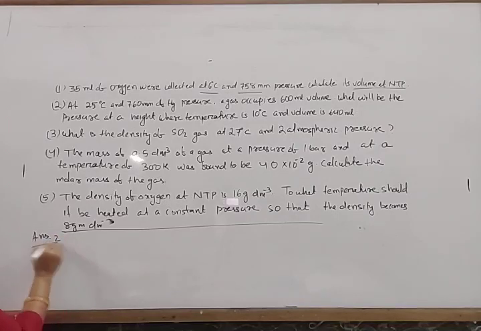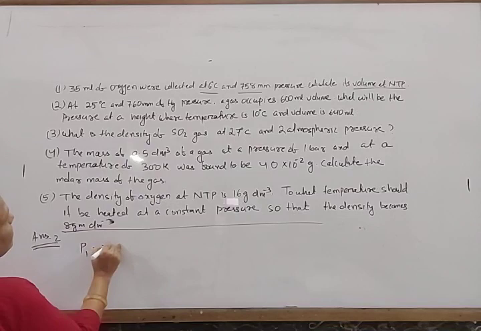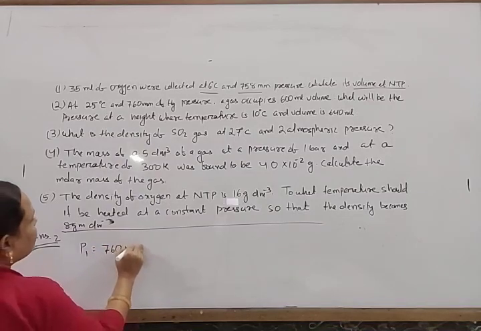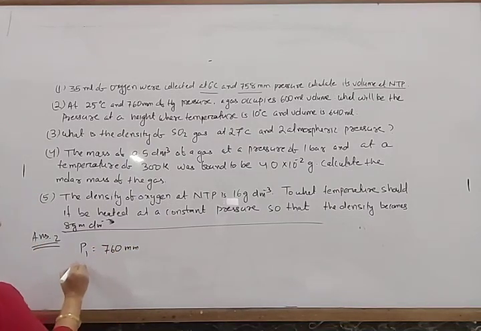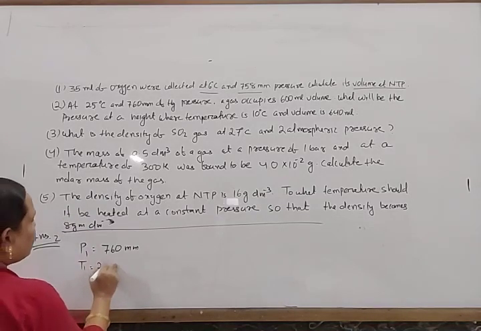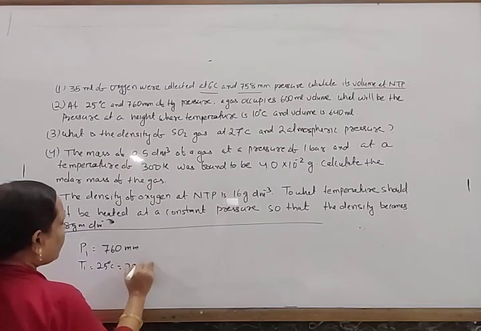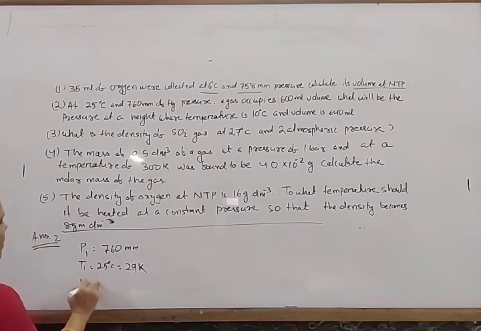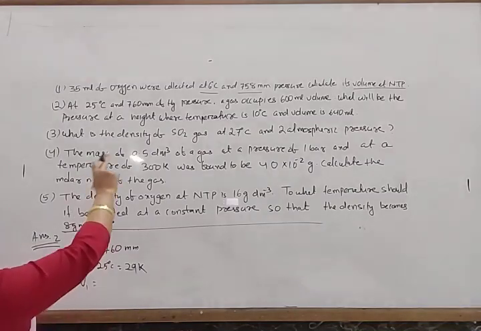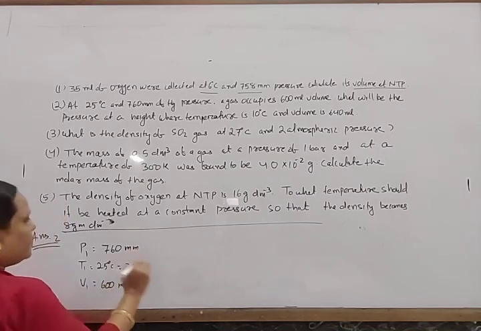Answer 2. Given P1 is 760 mm of pressure, T1 is 25 degrees Celsius, that is 298 Kelvin, and V1 is 600 ml.